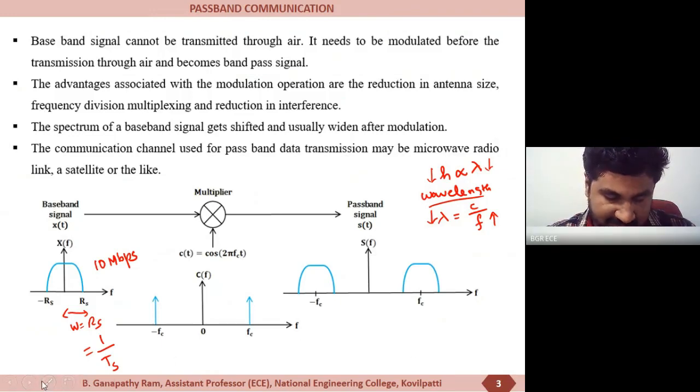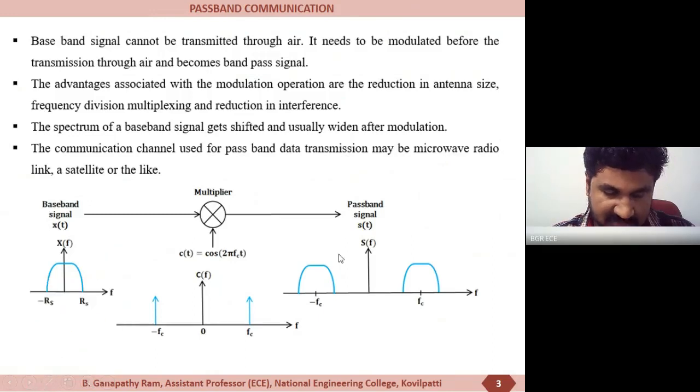For example, here a block diagram of a passband communication system is given, in which a baseband signal x of t is given to a multiplier which is already provided with a high frequency carrier signal.